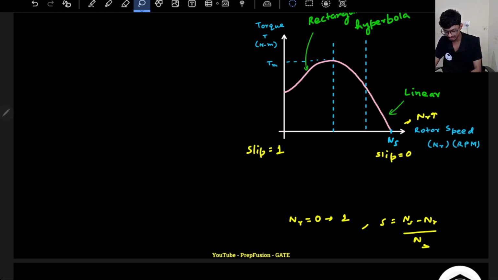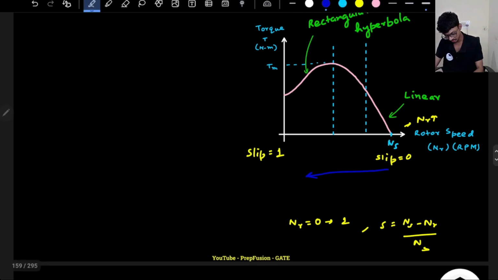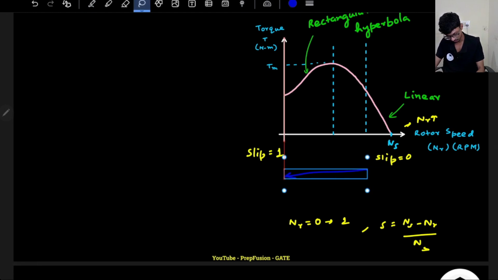Basically in the low slip region it is linear. And remember, I'm going in this direction for slip. If I'm moving in this direction, the graph will be a bit different actually, that is the problem. So I have divided my regions.